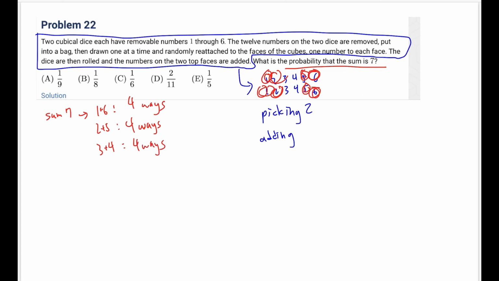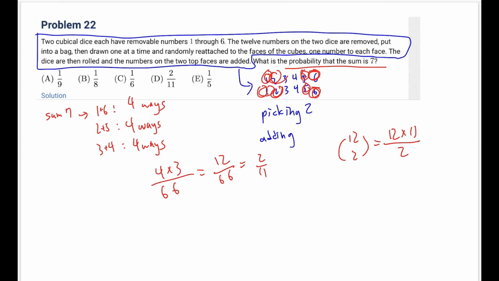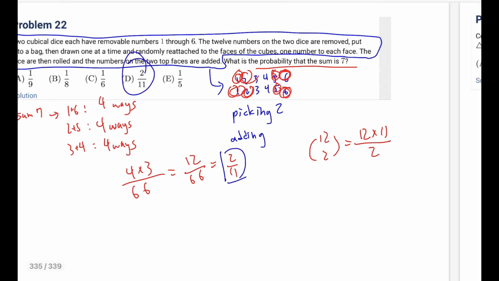So this would be equal to 4 times 3 over 12 choose 2. 12 choose 2 is 12 times 11 over 2, which is 66. This is 12 over 66, which is 2 over 11. The answer is 2 over 11, which is D.